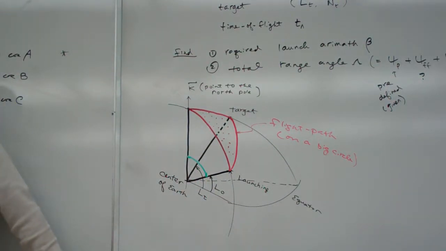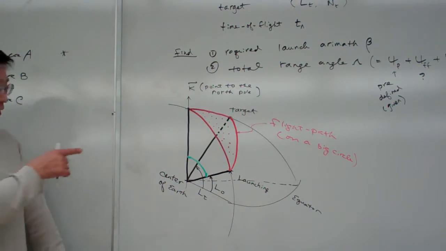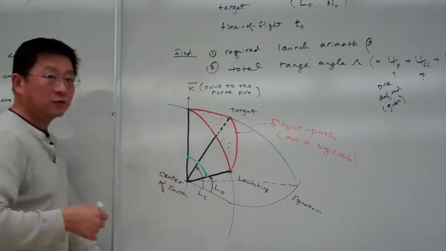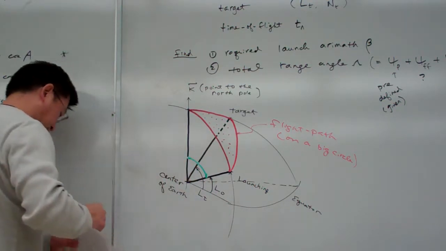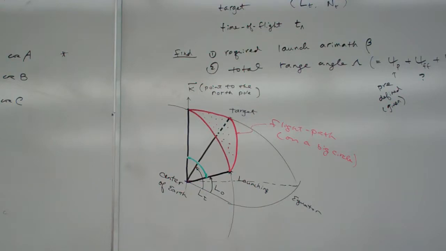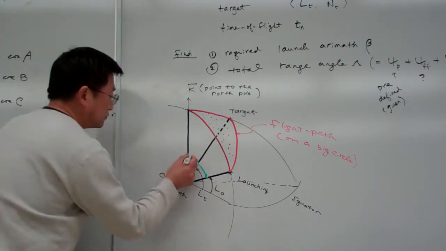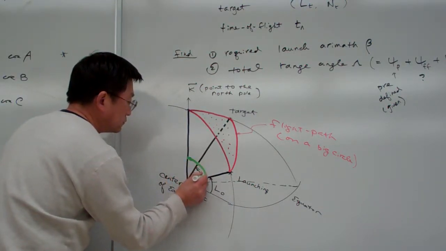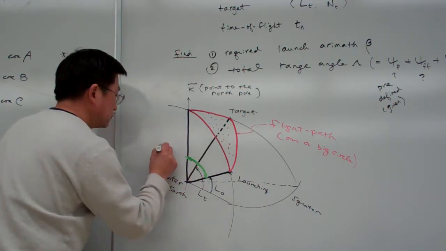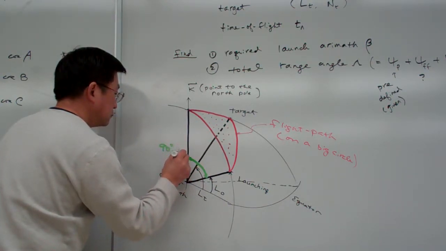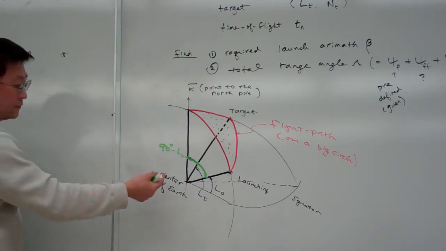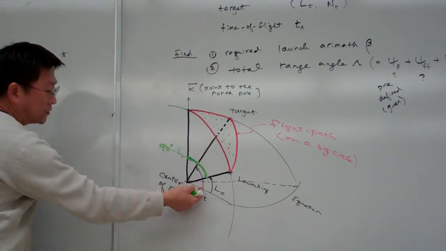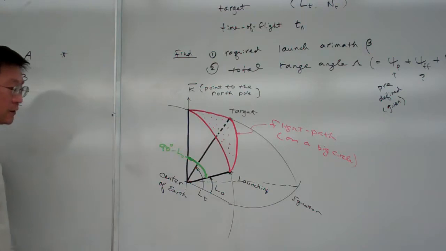That is one of the central angles. And what is this angle? This one is equal to 90 degrees minus L0. You see, from here to here is 90 degrees, and from here to L0. Good?